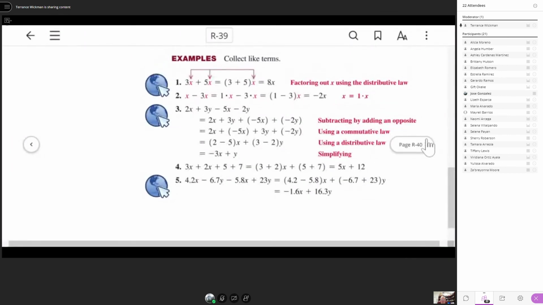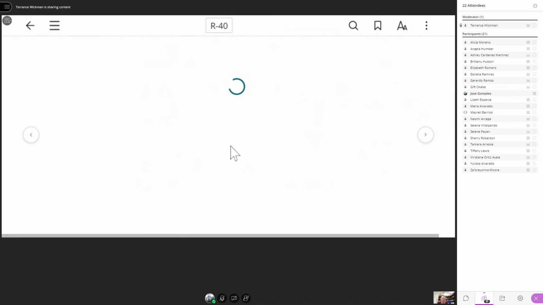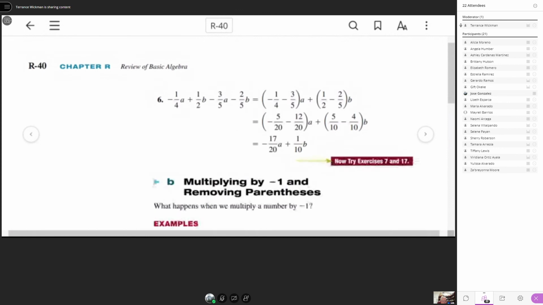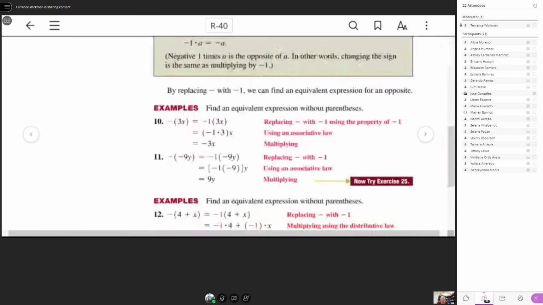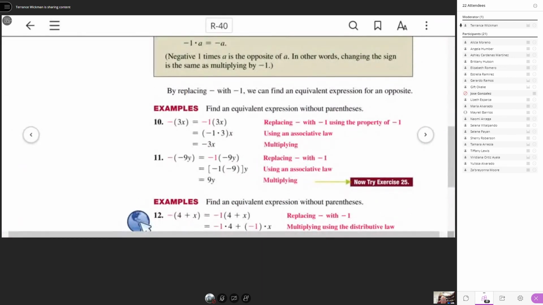Next page. See, they get the same thing we said. But they're teaching you should combine like terms. Notice that if you have negative 3x like in number 10, you simply can put the negative sign without parentheses.